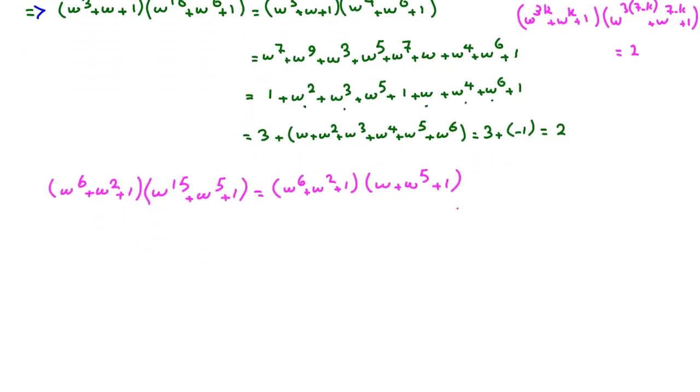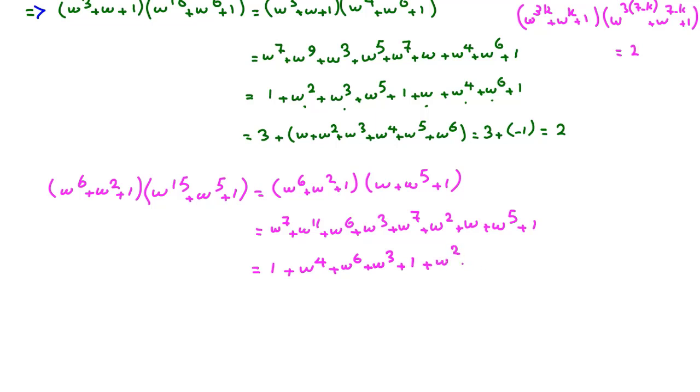Now, if we calculate this, it will be W^6, W^7 times W, plus W^11 plus W^6 plus W^3 plus W^7 plus W^2, W, W squared. Next one, 1 to all of them. It's W plus W^5 plus 1. Okay. Now, W^7 is 1, so it will be W^4 plus W^6 plus W cubed plus 1 plus W squared plus W plus W^5 plus 1.